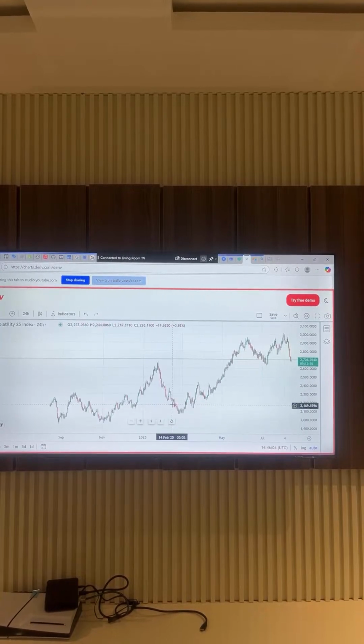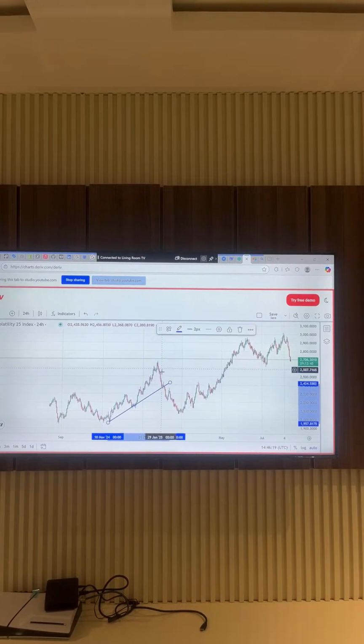If you analyze, the market started from here and started going up as an uptrend. It formed higher high, higher low, higher high, higher low, higher high. The market came here, bounced on it for several days, like 4 days, before breaking the trend, and it gave a bullish direction, which didn't last that much.